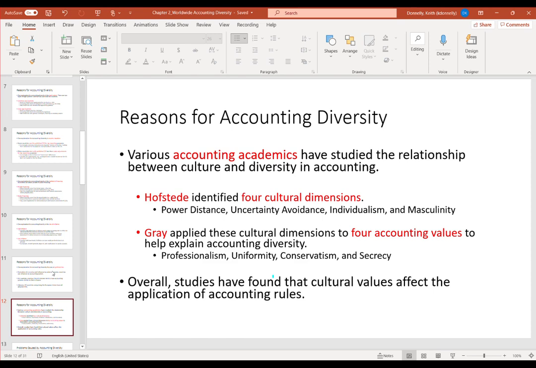So in accounting, we value professionalism, uniformity, conservatism, secrecy. In short, and I'm not going to go down the rabbit hole of accounting academics, studies have found that cultural values affect the application of accounting rules. So the culture you live in can certainly affect how you present and prepare financial statements.